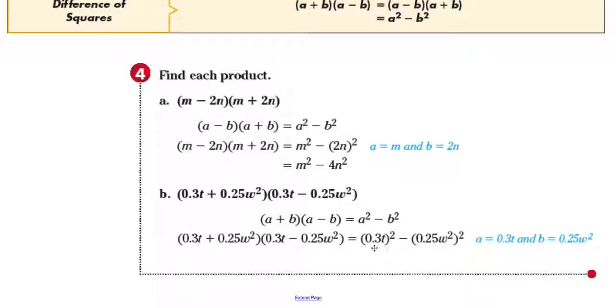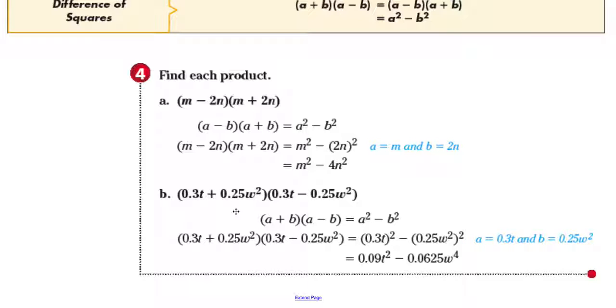Now we have 0.3t squared minus 0.25w squared, squared. Using our rules of exponents, now we have 0.09t squared minus 0.0625w to the fourth.